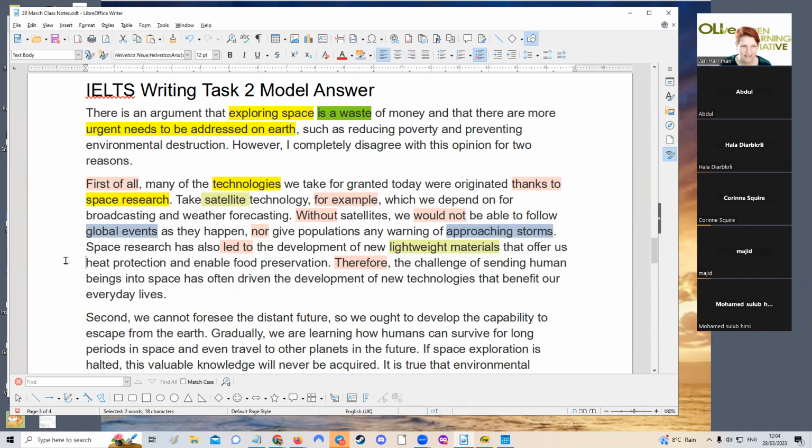Okay. And materials for heat protection and food preservation. Those are the examples that they give. All right. And then what does this last sentence in this paragraph do? What is that last sentence doing?